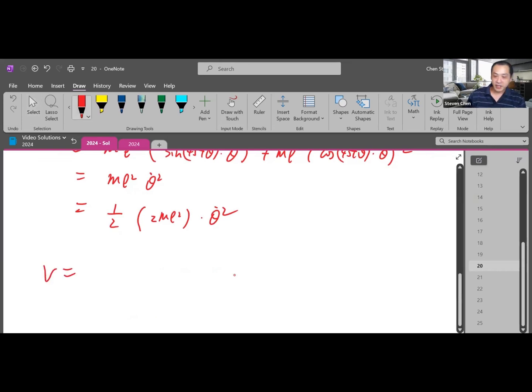Next, let's write down the potential energy. For the horizontal spring, its potential energy is given by 1/2 K times its extension, or its displacement. With the angle theta, its length is equal to twice L cosine of 45 plus theta, and its relaxed length is twice L cosine of 45.